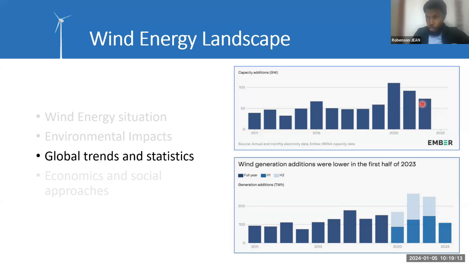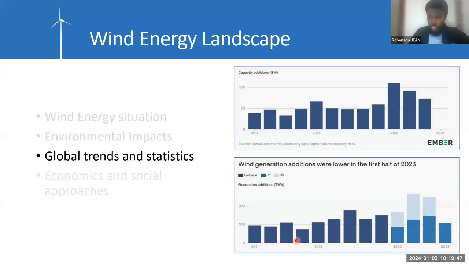But the good news is that in 2023 the result is getting higher, but as we do not have the full report, we do not have data for the past year. But if we consider the first half of the year 2023, we can see a higher value for the generation addition.